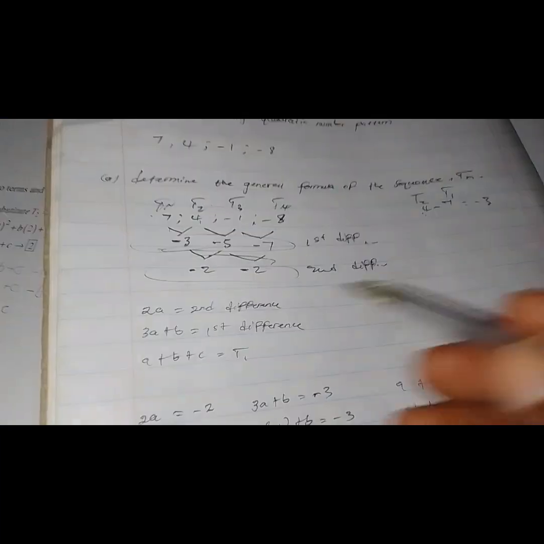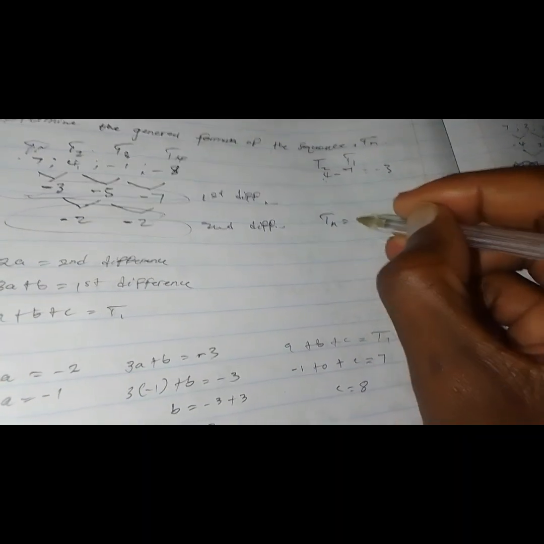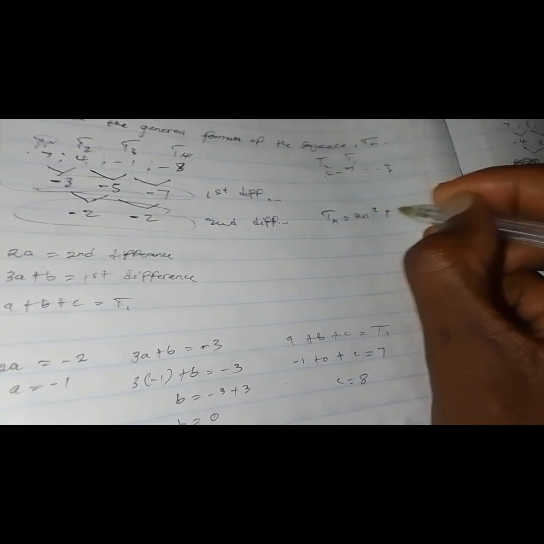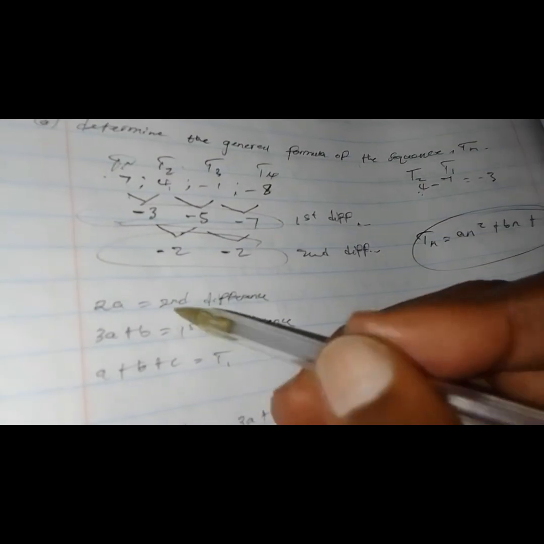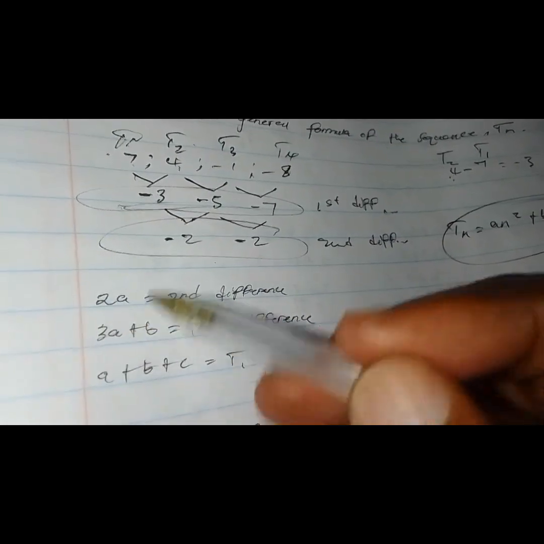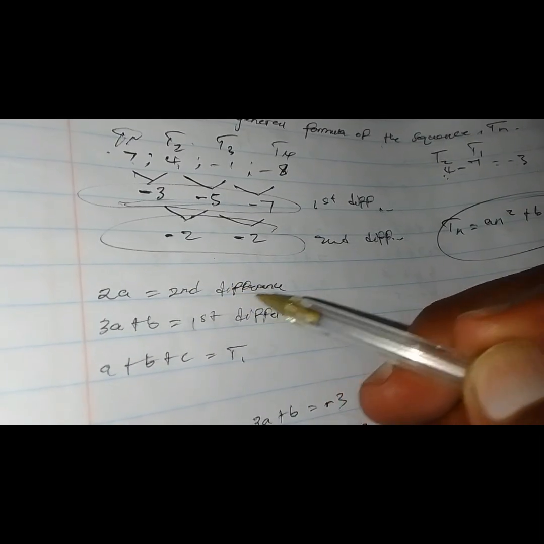So here's how we do it. Don't forget how your general formula is written: Tn equals an squared plus bn plus c. In order to find your a, remember a is half of the second difference.